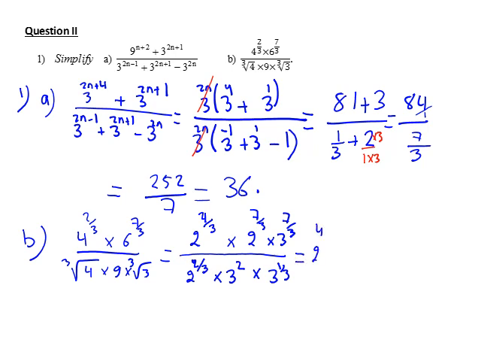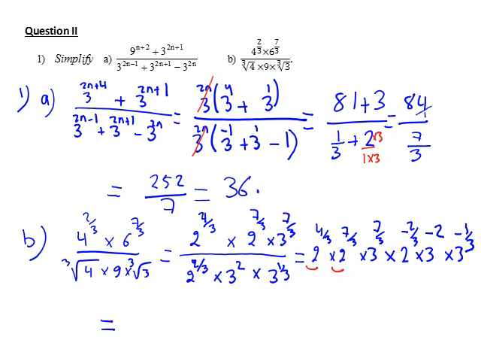Equal 2 power 4 over 3 times 2 power 7 over 3 times 3 power 7 over 3 times 2 power minus 2 over 3, 3 power minus 2, 3 power minus 1 over 3.